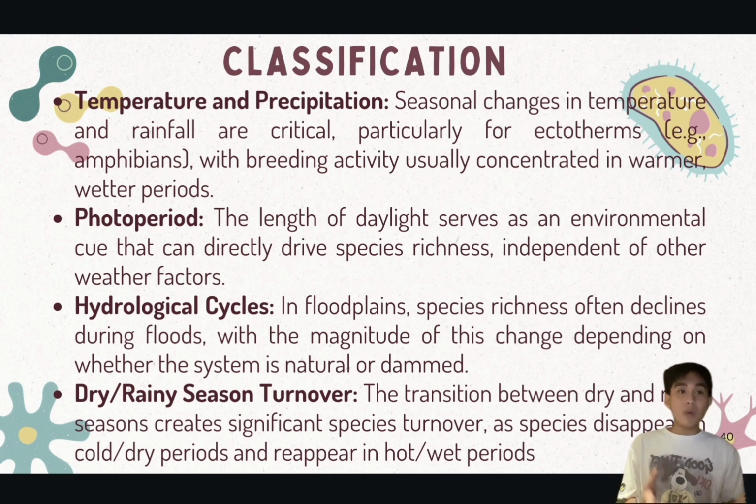This constant swapping is why the number of species you see changes depending on the month. Ibig sabihin nun is, kung anong species ang nakikita natin in that certain environment is nakadepende kung dry or rainy season ba. Kasi, on that specific season is, yun lang yung organisms or mga species na nakakapag-adapt sa mga changes in that environment or habitat.